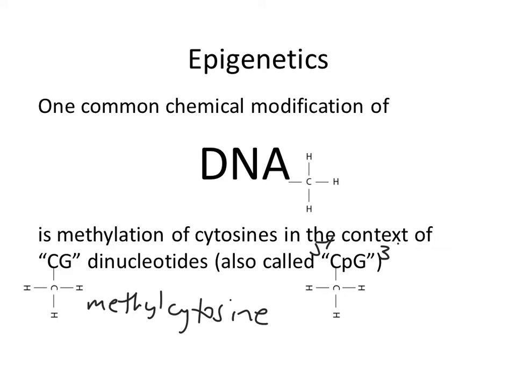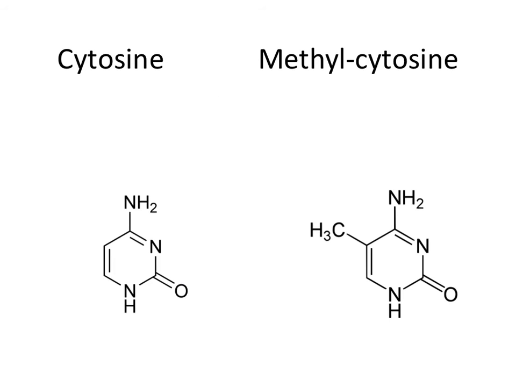Methylation prevents, for example, transcription factors, DNA binding proteins, from binding to the DNA. It's causing a physical change in the shape of the DNA. The DNA has all these little chemical bits sticking off of it that the proteins that recognize that sequence don't know what to do with. And it's a minor difference.